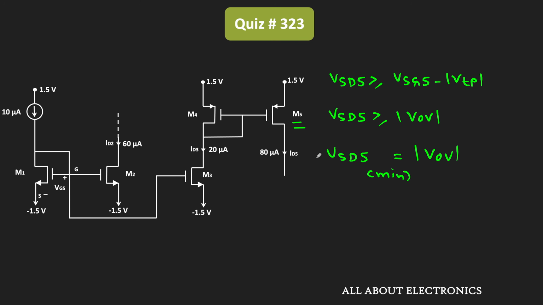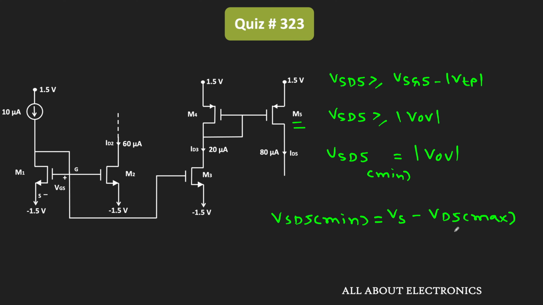Now the source terminal of this fifth transistor is connected to 1.5 volt. So this VSD5 will be minimum when the VD is maximum. So we can say that this VSD5 minimum is equal to Vs minus this VD5 maximum.